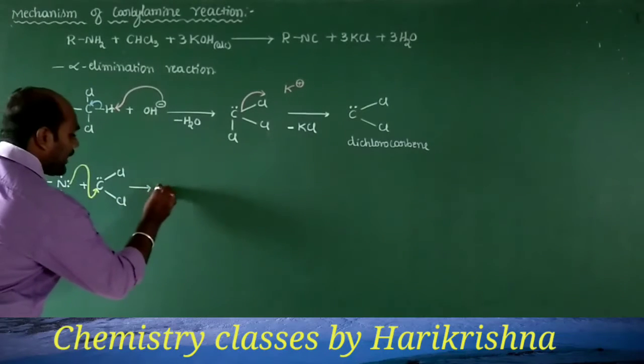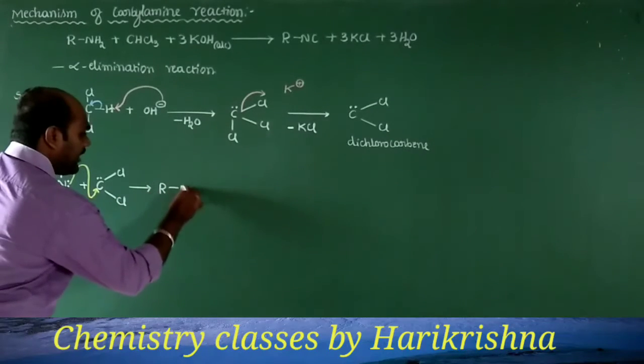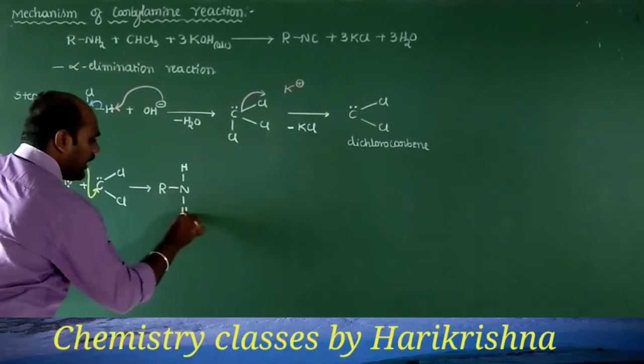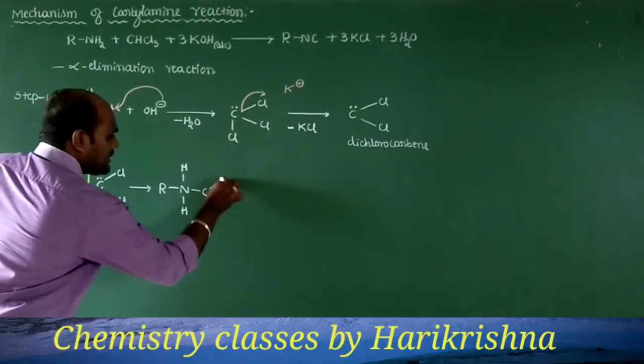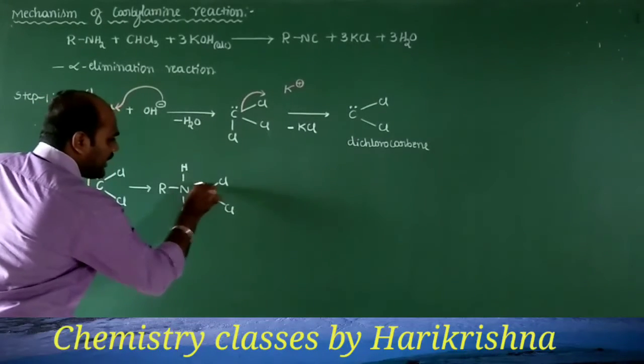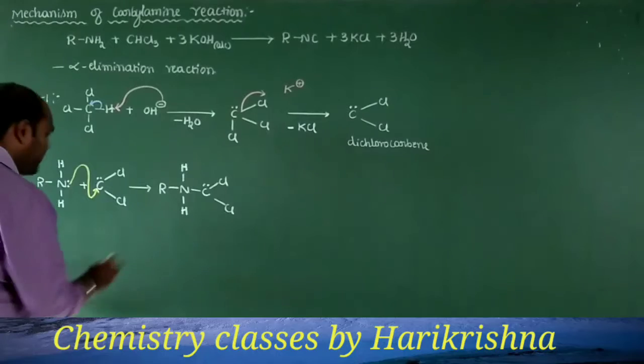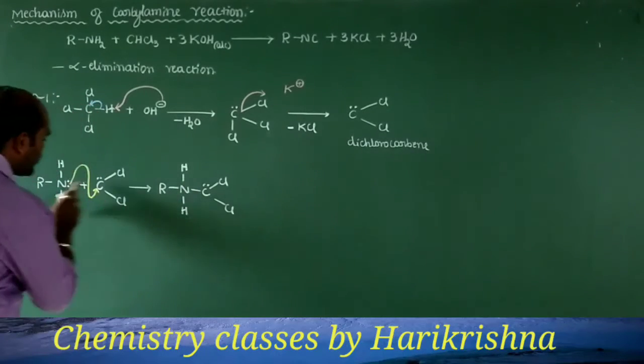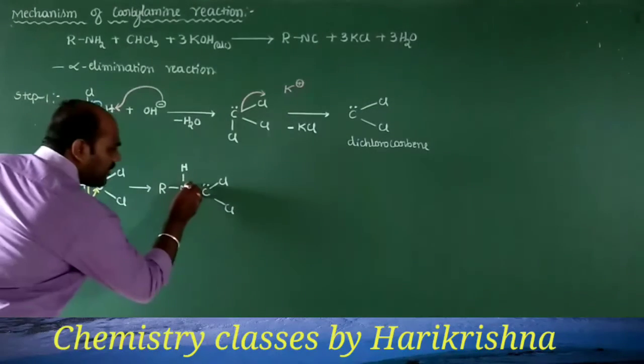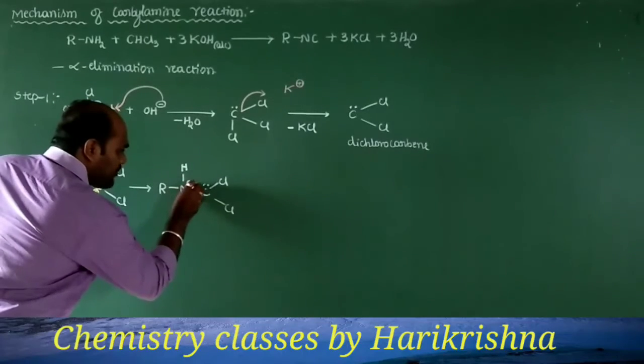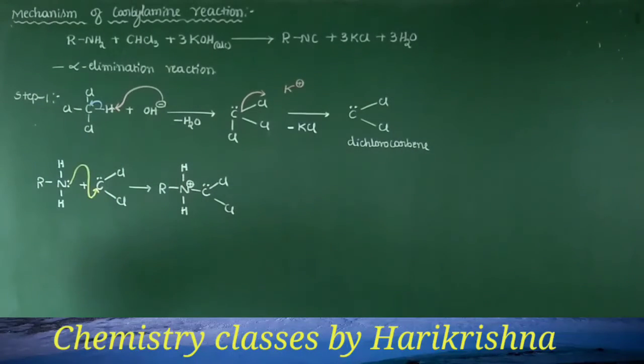So that we will get R, N, H, H, C, Cl, Cl having a lone pair of electrons on the carbon atom, but here nitrogen lost its lone pair of electrons and has tetravalency. So here a positive charge develops on the nitrogen atom.